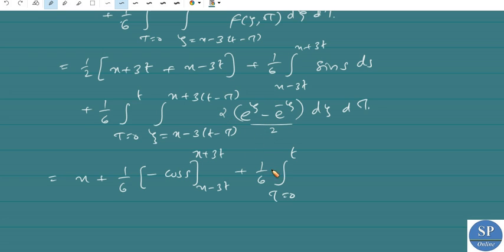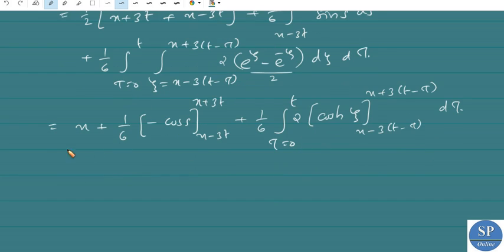So here we have 2 into cos h zeta from x minus 3 into t minus tau to x plus 3 into t minus tau, d tau.